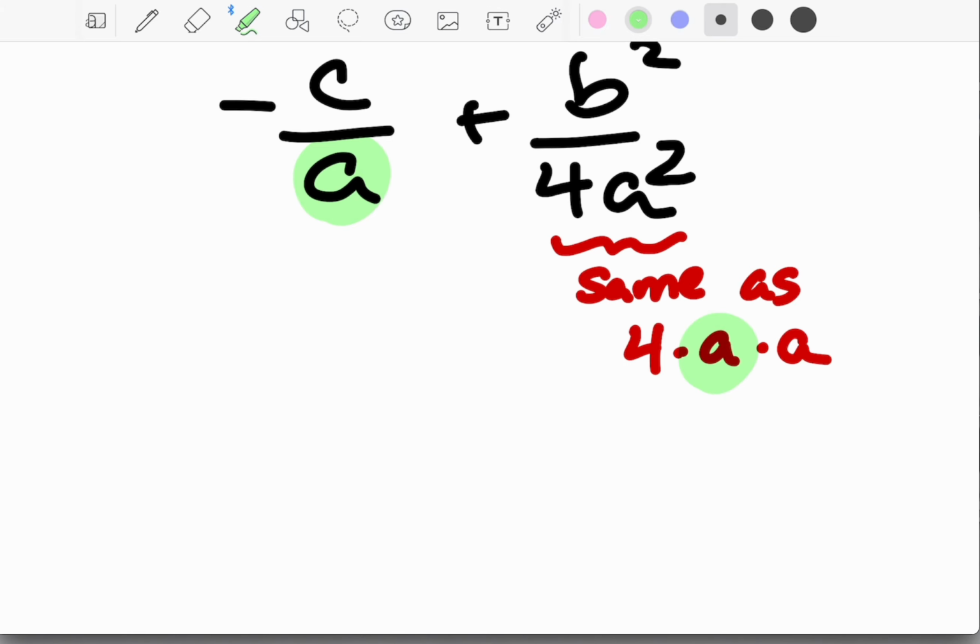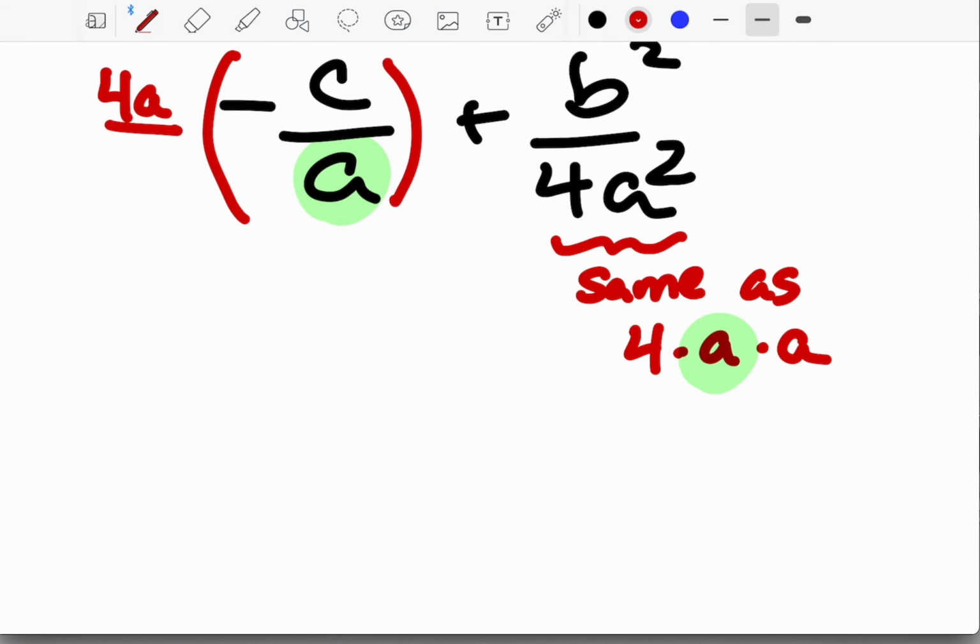So I'm going to multiply this fraction, top and bottom, by 4a. That's going to make a 4a squared on the bottom, and on the top, it really doesn't matter what it makes. I have to multiply the top by the same number in order to keep the fraction equivalent to what it was previously. If I don't multiply the top also by 4a, then it's a different fraction, a different value.